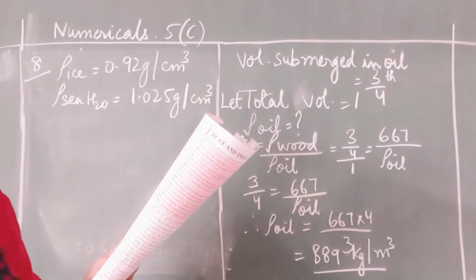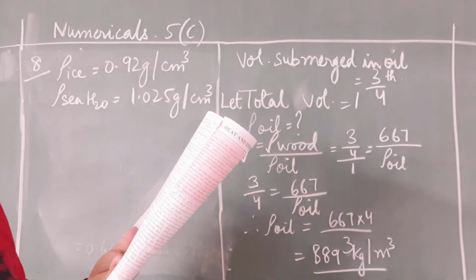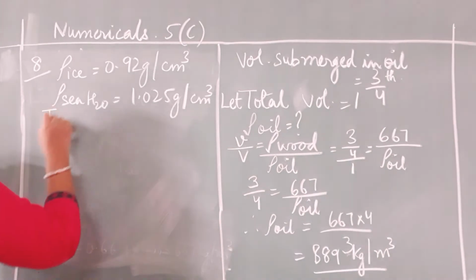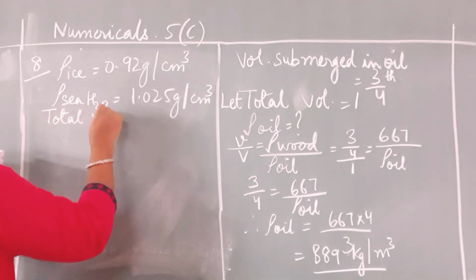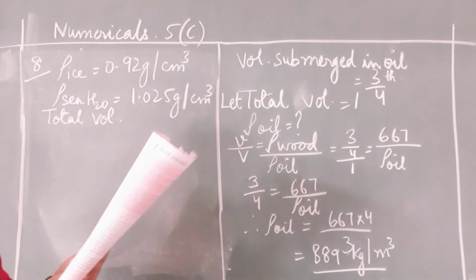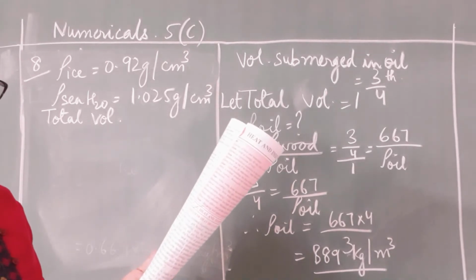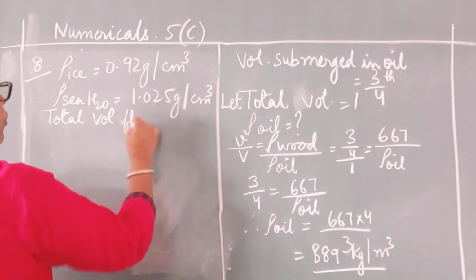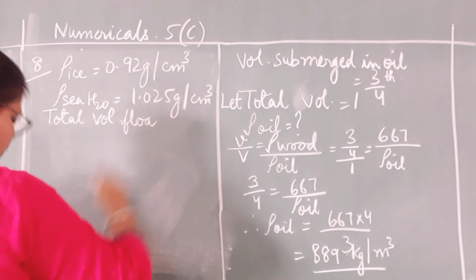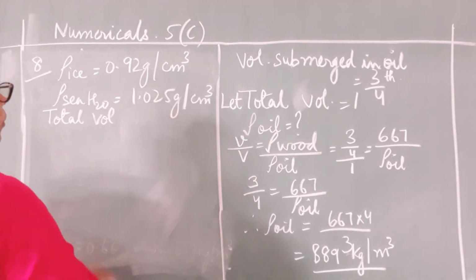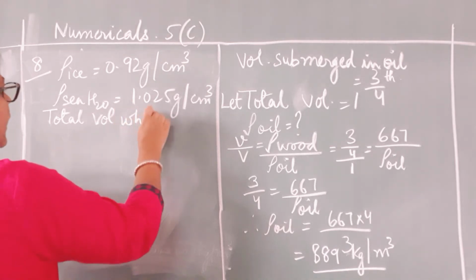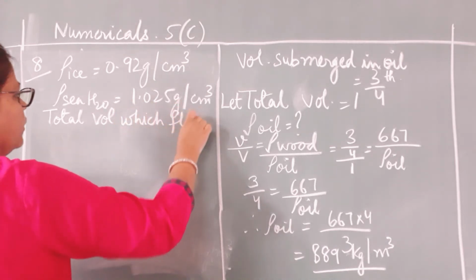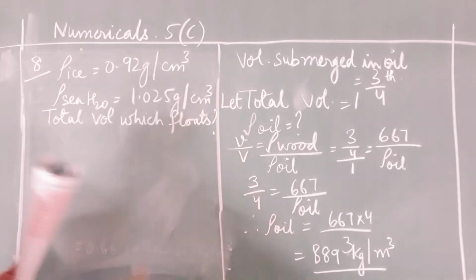Okay children, and you are supposed to find out the total volume of the iceberg which floats. So we'll write down total volume which floats, has to be found out.